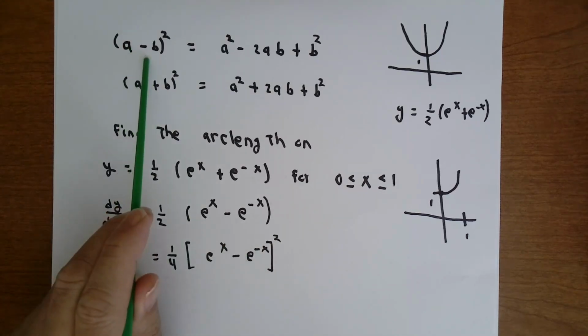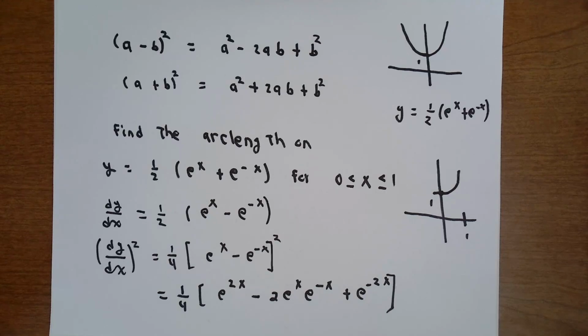This is where that fact is beginning to sneak into the picture. If I square e to the x minus e to the minus x, of course, I get e to the x times e to the x, minus 2 times e to the x times e to the minus x, plus e to the minus x multiplied by itself.